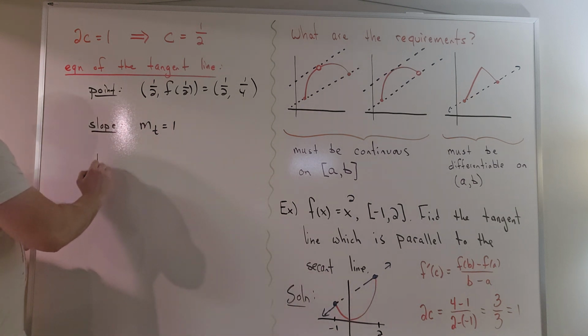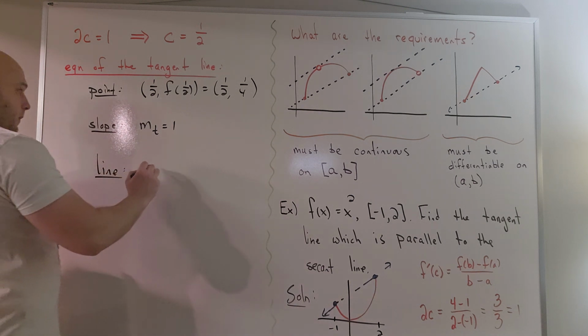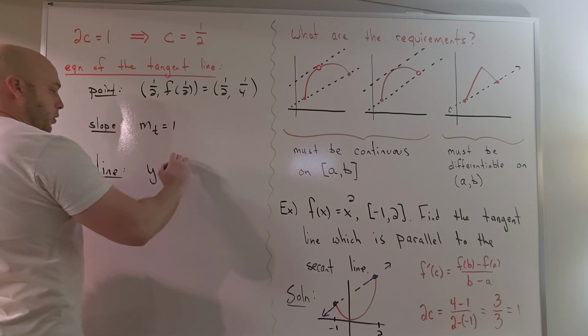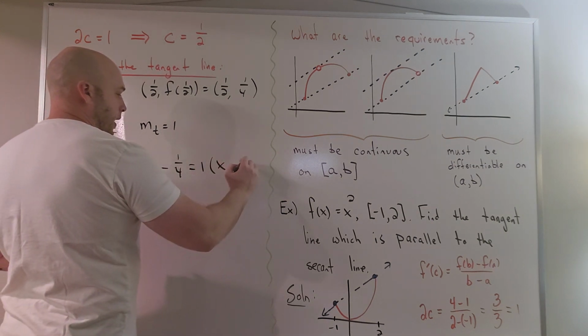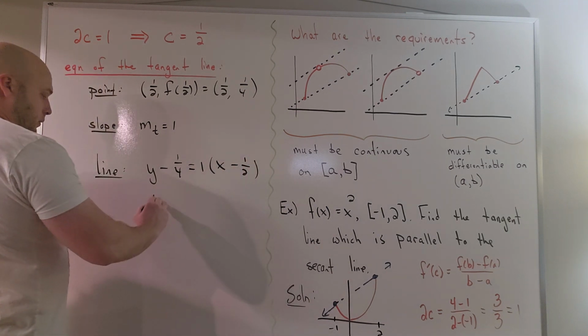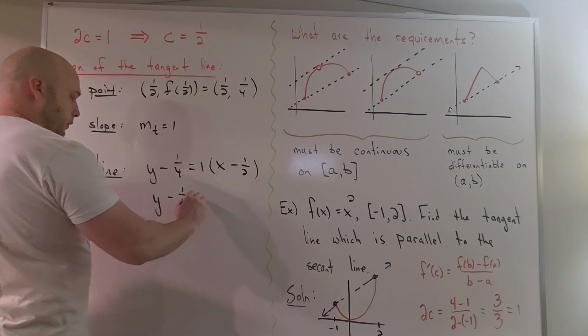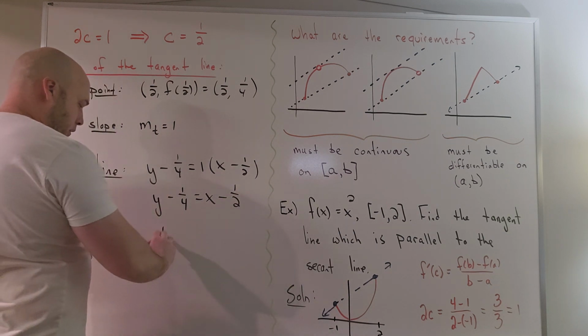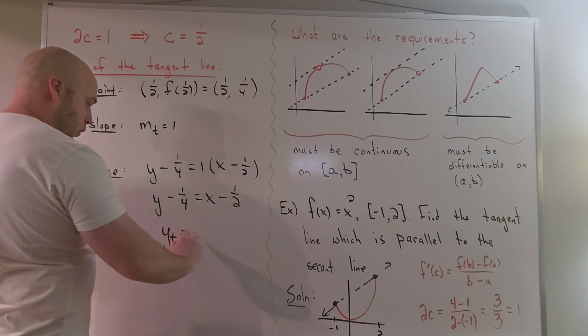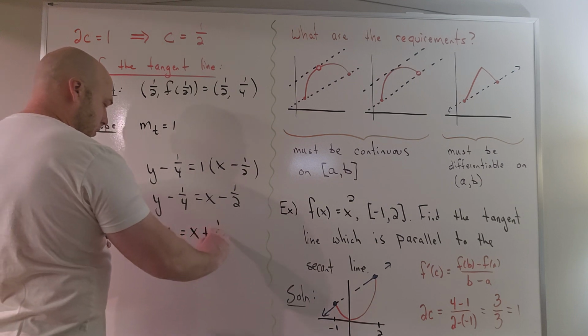Then my equation of the line, y minus a quarter would be 1 times x minus a half. Therefore, the tangent line would be x plus 1/2.